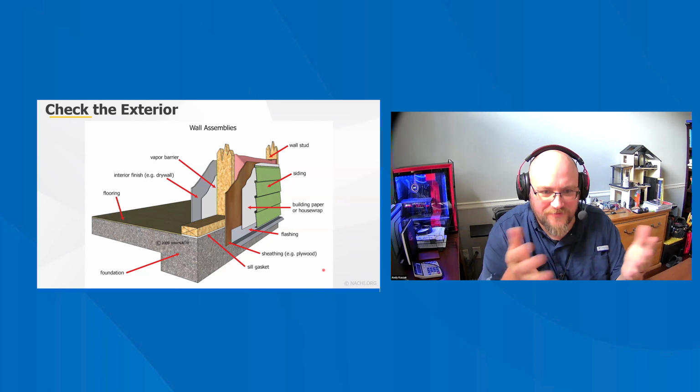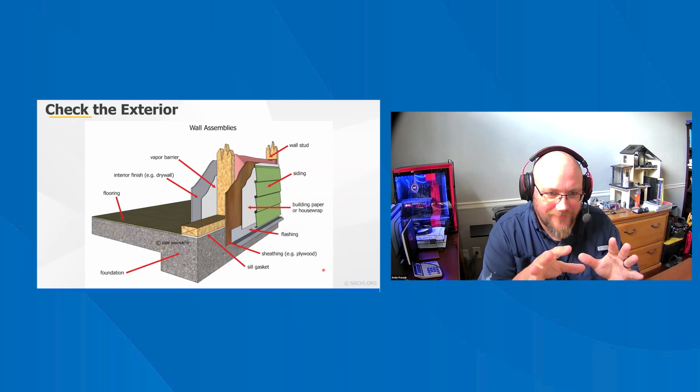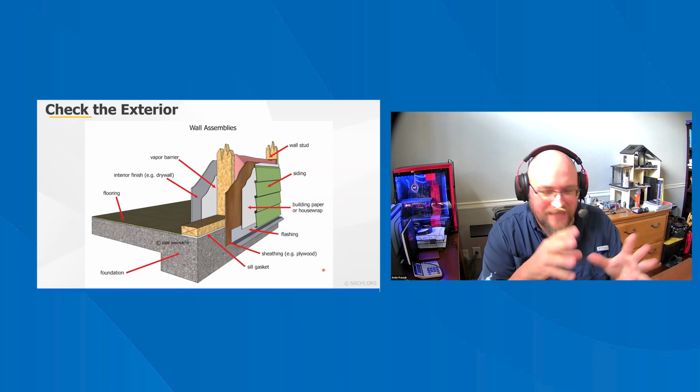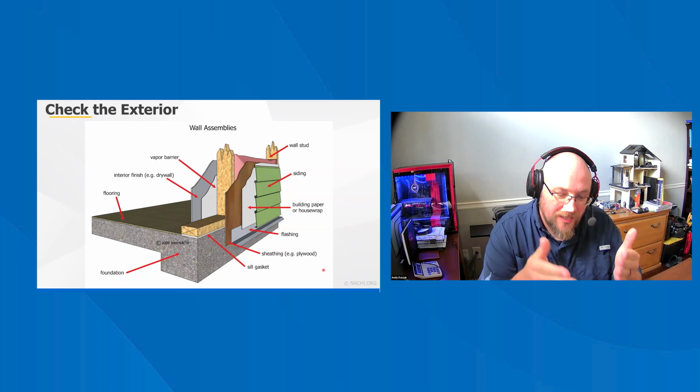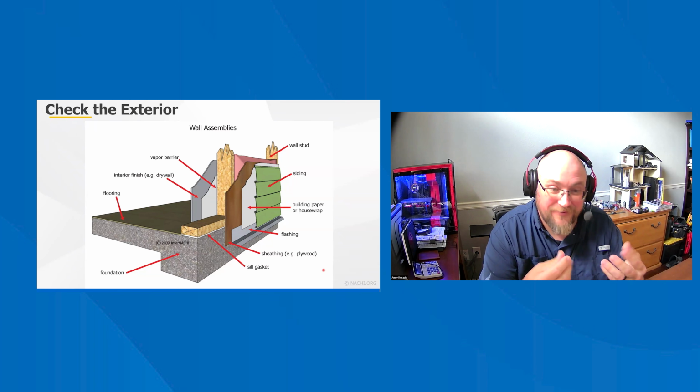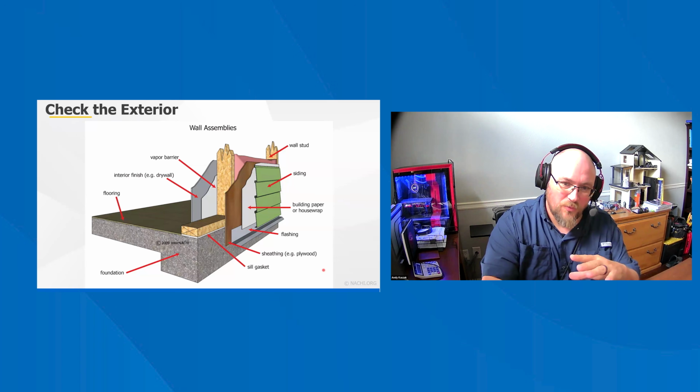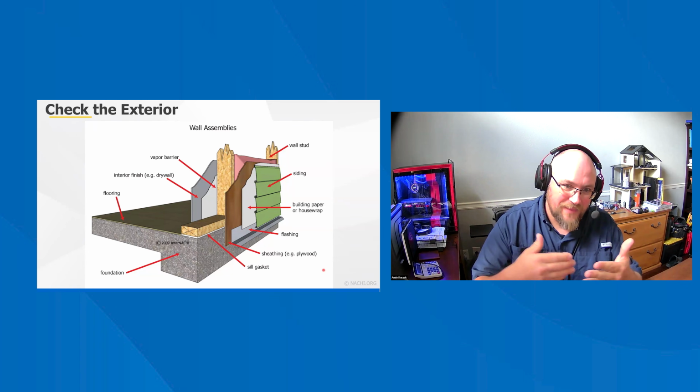D.R. Horton, those types of houses, nobody checks the siding penetrations on those houses. So a lot of times where that hose bib's coming through, you can actually see the house wrap fibers, and where they blew the hole through the wall from the inside.